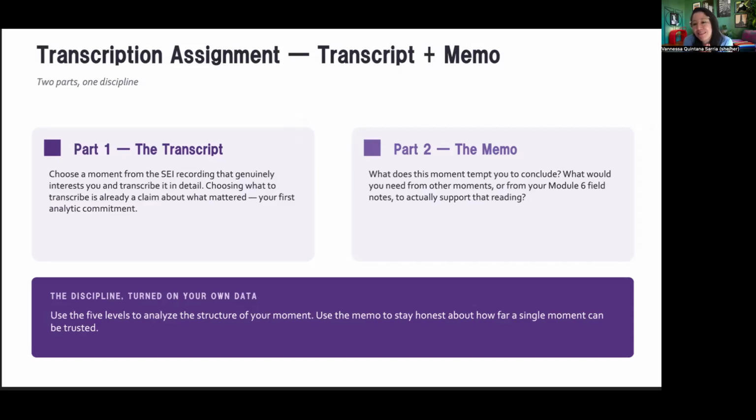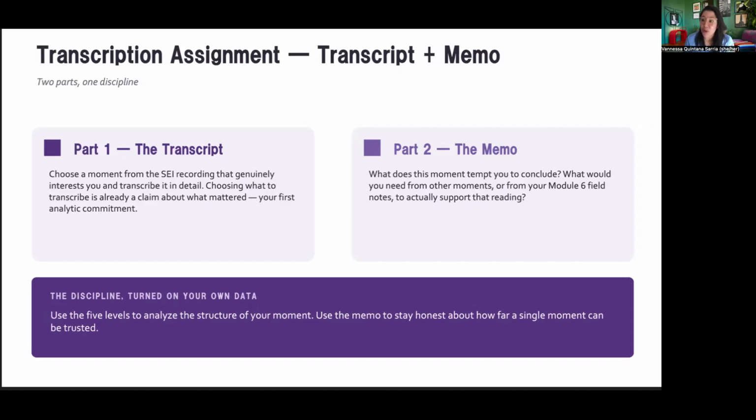And here is the honest problem with that. The moment that most interests you is very often the moment you are most tempted to overread. It is vivid, it is suggestive, and it invites exactly the kind of conclusion Wortham and Reyes taught themselves to withhold. So, the second part of the assignment is a short memo.